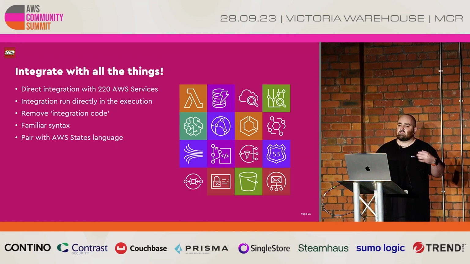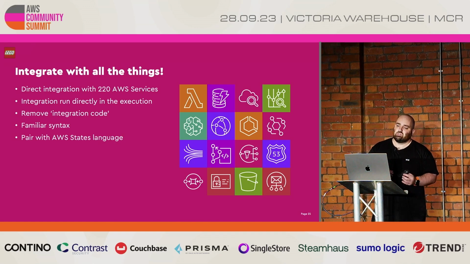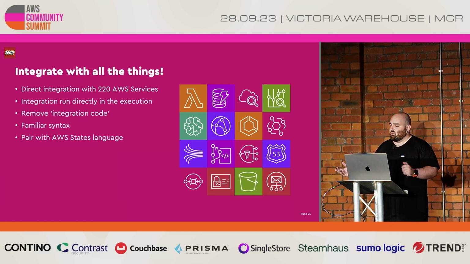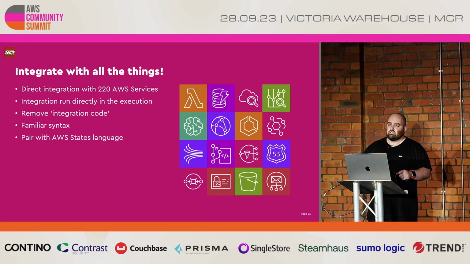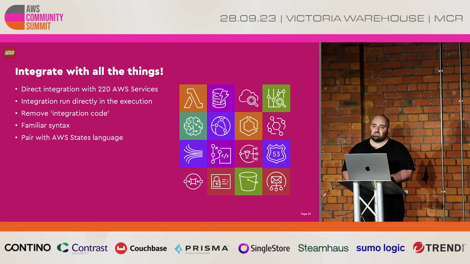And you can combine it with what's called AWS States Language. Within the actual steps, you can use the States Language to do things like generate UUIDs or do simple joins with strings. There's quite a bit more to it, and there's some good documentation on the AWS website for that.